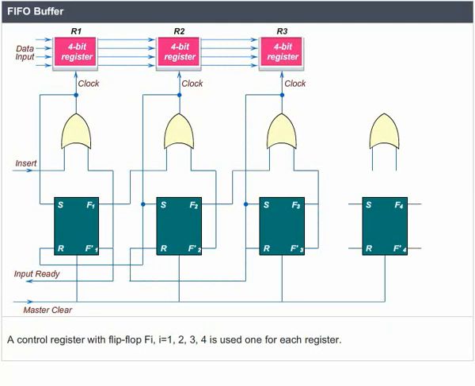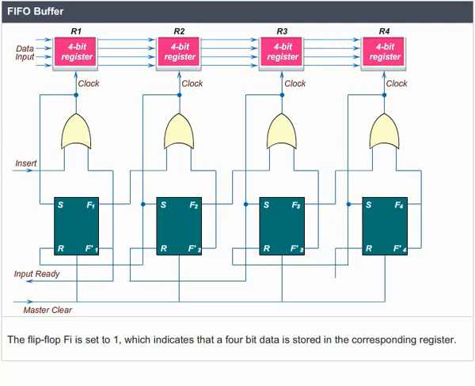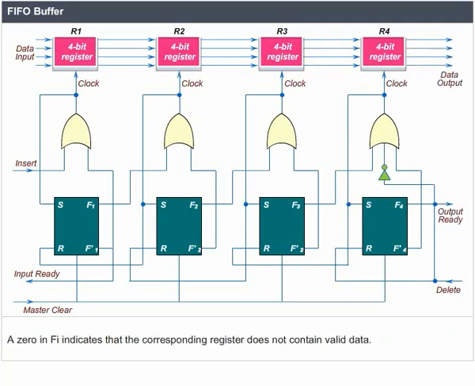A control register with flip-flop Fi, i equals 1, 2, 3 or 4, is used, one for each register. The flip-flop Fi is set to 1, which indicates that 4-bit data is stored in the corresponding register. A 0 in Fi indicates that the corresponding register does not contain valid data.